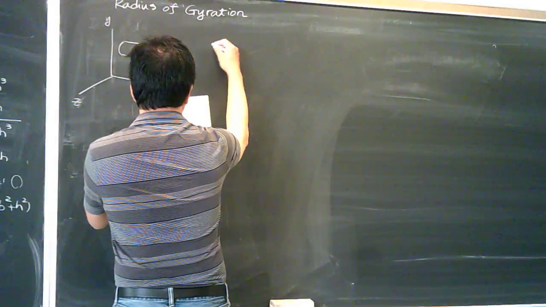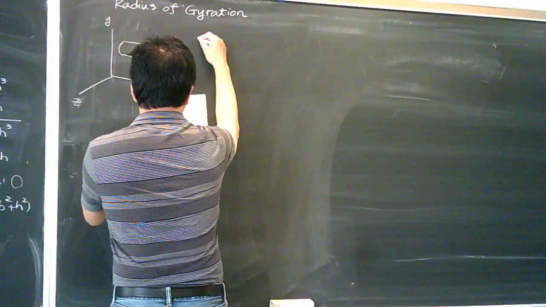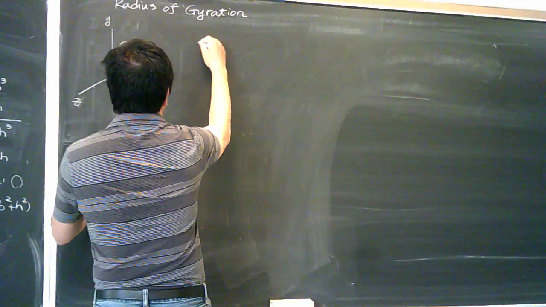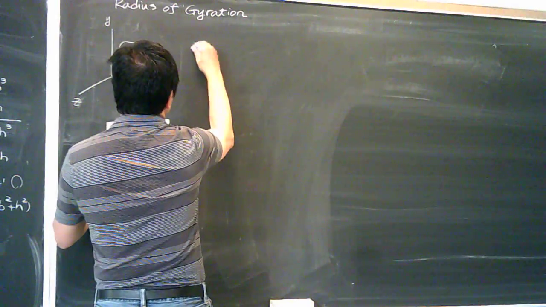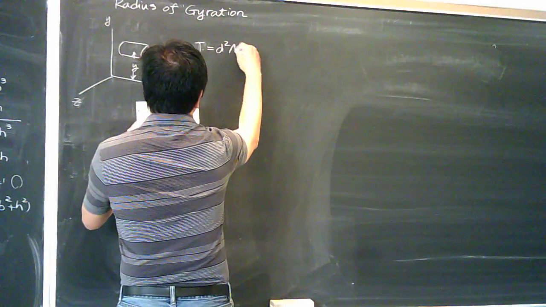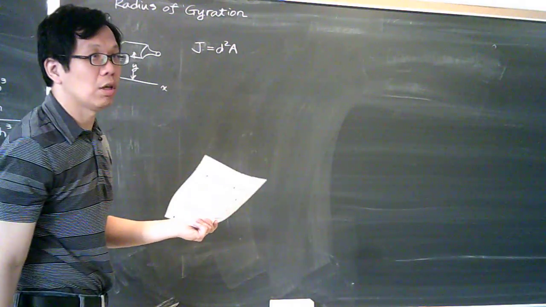So most likely, we're going to have our inertia J. That is by definition d squared A, right?